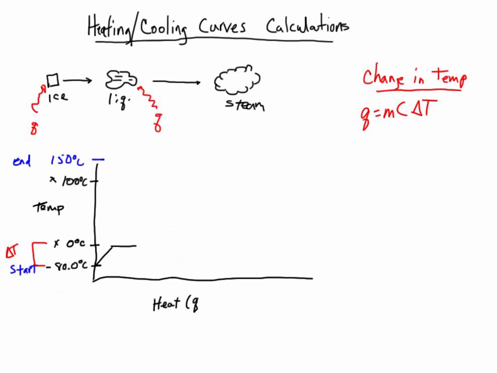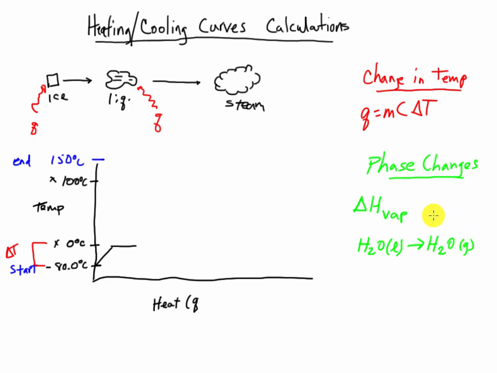So during phase changes, we're going to have to use something different. What we use is changes in enthalpy. In this case, we're going to have a change in enthalpy for the vaporization, which means liquid water going to steam.